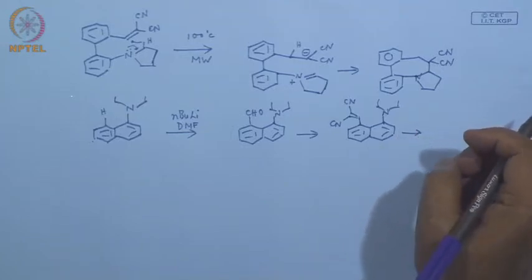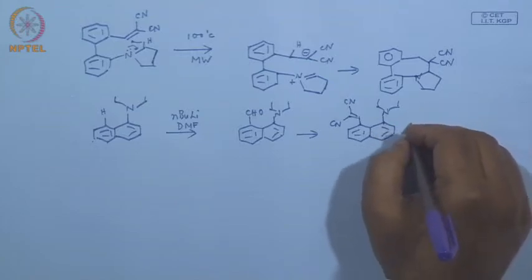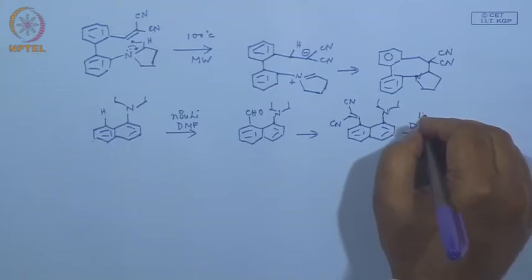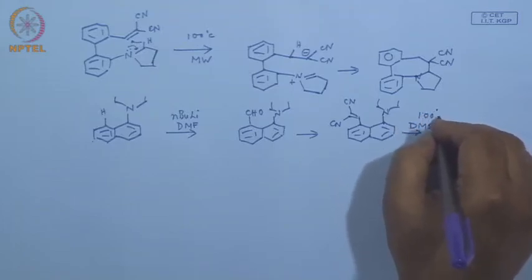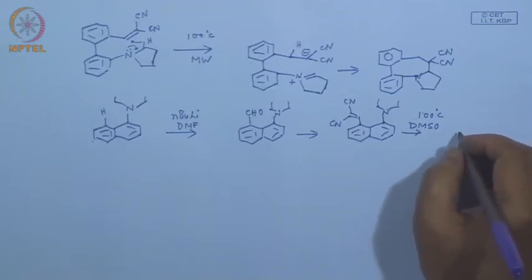The reaction condition is heat, and in this case the solvent is DMSO and the temperature is around 100 degrees for 4 hours. So, you get this reaction done, and this has been verified by deuterium labeling.